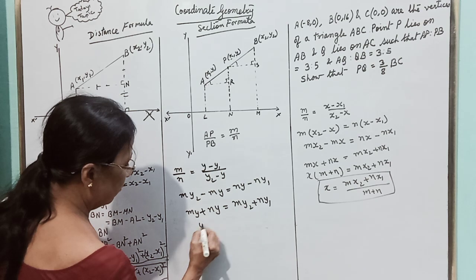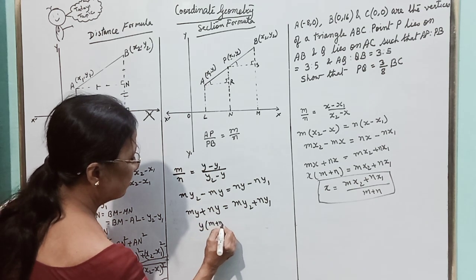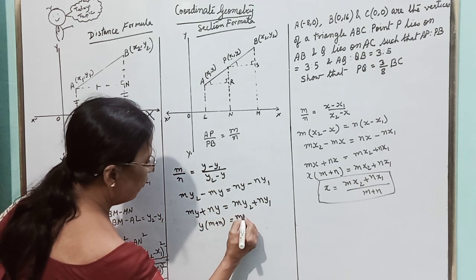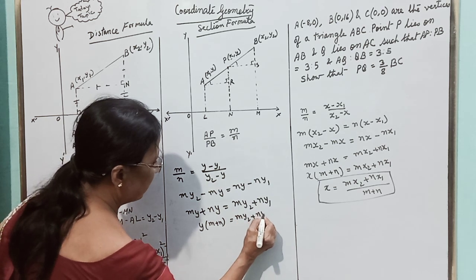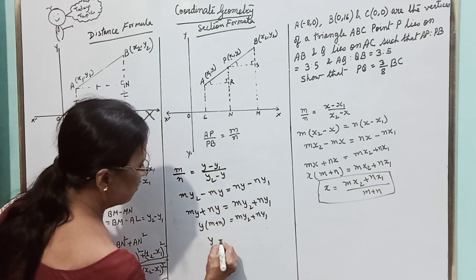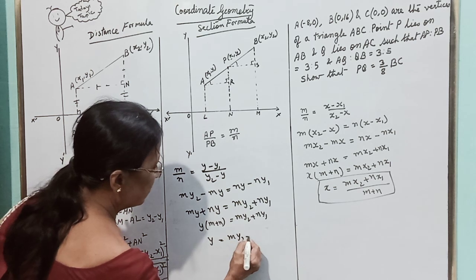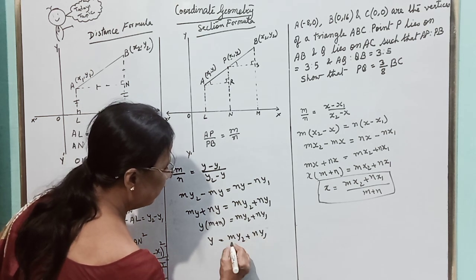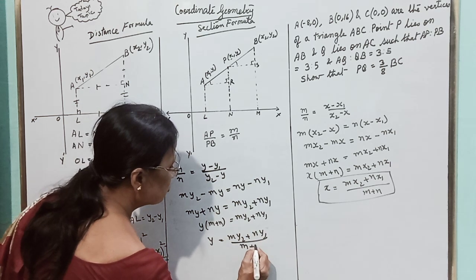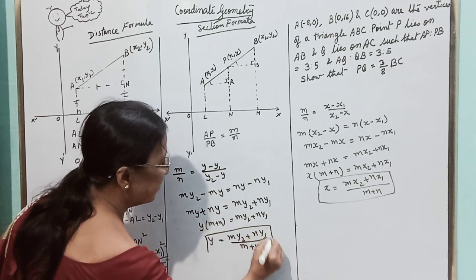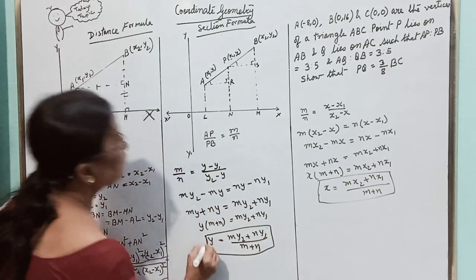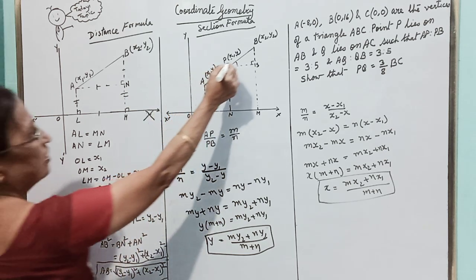So take y common: m plus n times y is equal to my2 plus ny1. Y is equal to my2 plus ny1 divided by m plus n. So this is the value of the y coordinate.